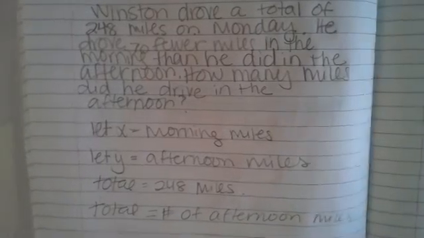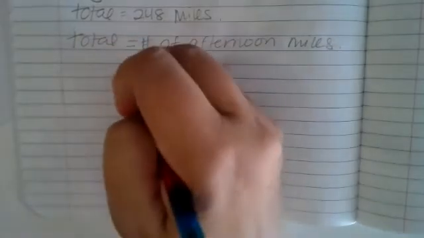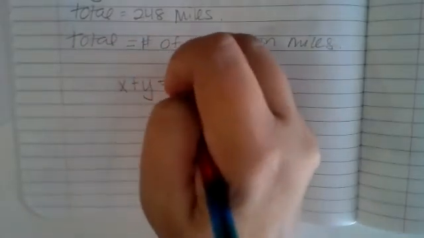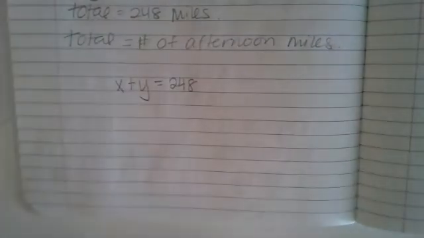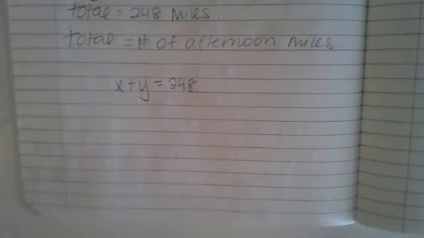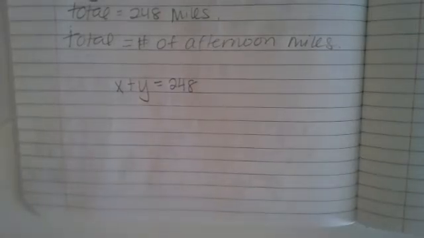So I'm going to move this up a smidge. I start off with my morning miles and my afternoon miles equaling a total of 248 miles. My second total is afternoon miles, because I'm trying to solve for afternoon miles.